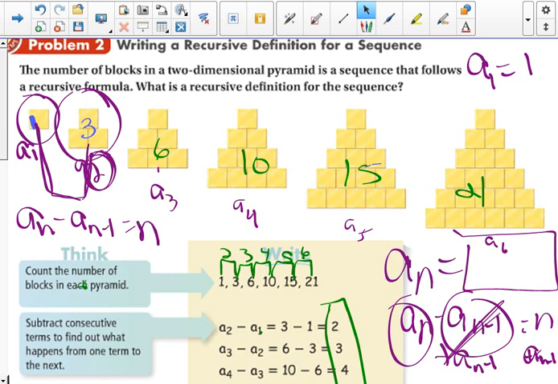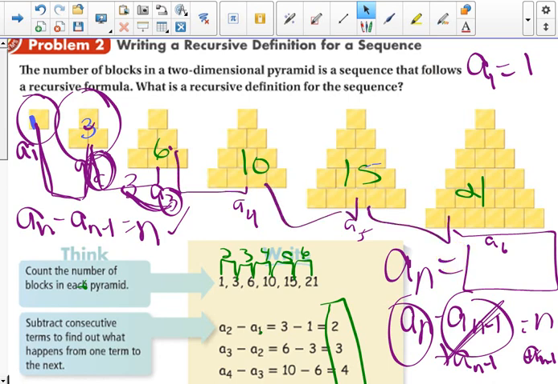So a sub 3, so now our n is 3, minus a sub 3 minus 1, which is 2. So 6 minus 3 is 3. So it turned out again to be our n value. So it's still holding true. And when you test each one of these, it still holds true. Subtract them, and you're going to find that a sub n minus a sub n minus 1 is equal to n.